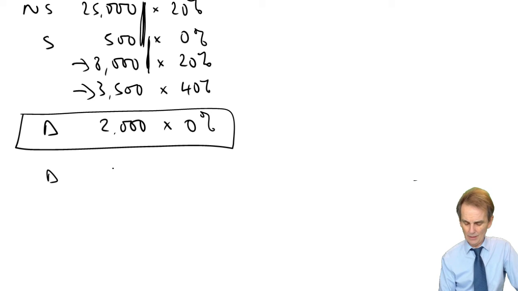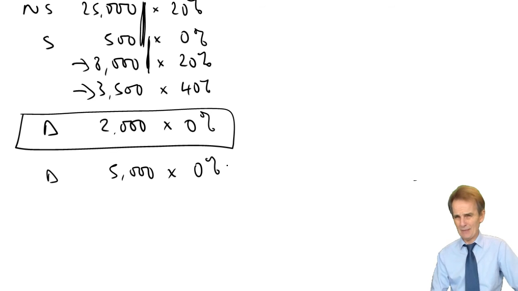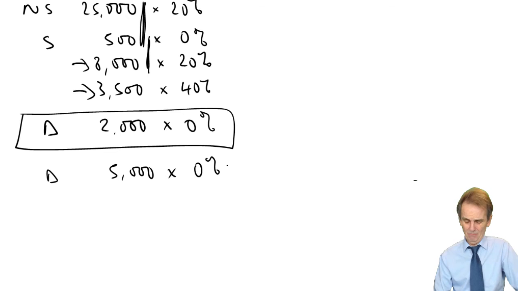The dividend income, firstly as ever, 5,000 would be at 0%. That would be 5 of the 7. The remaining 2,000, clearly we're in higher rate. We're nowhere near the additional rate band. The higher rate band limit is 150,000, so no question of additional rate here. So that would leave the remaining £2,000 in the higher rate band.